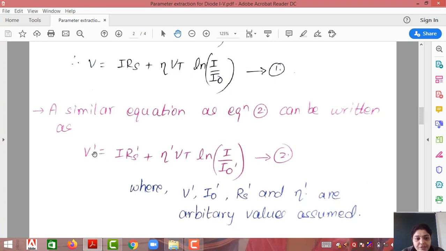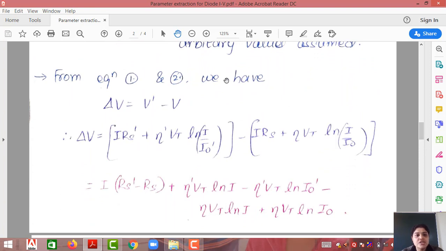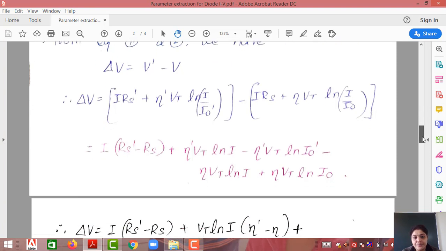We have assumed V dash, Rs dash, eta dash and I0 dash as arbitrary values already assumed. So from equations 1 and 2 we can say that delta V is equal to V dash minus V. V dash means I Rs dash plus eta dash Vt ln of I by I0 dash. So this minus I Rs plus eta Vt ln of I by I0.